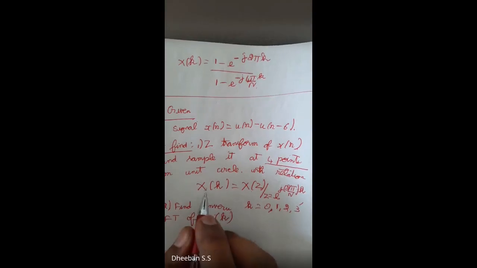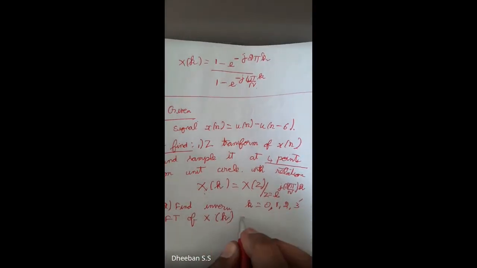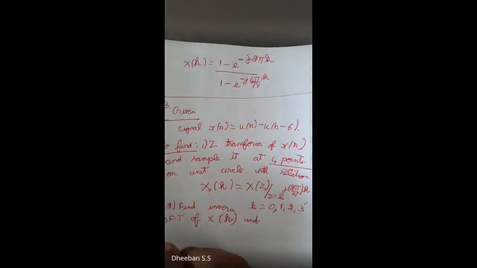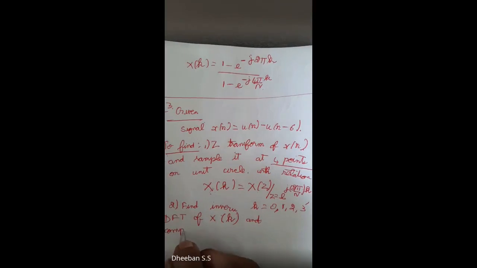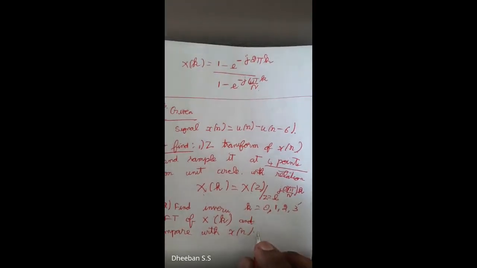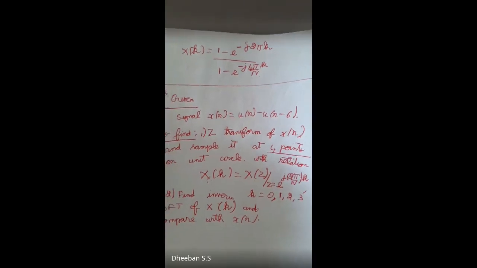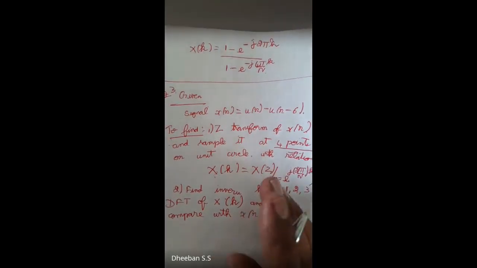After that, you have to compare with the previous signal x of n, and you have to comment on it. That is what you have to do. So we'll be getting into the solution directly.